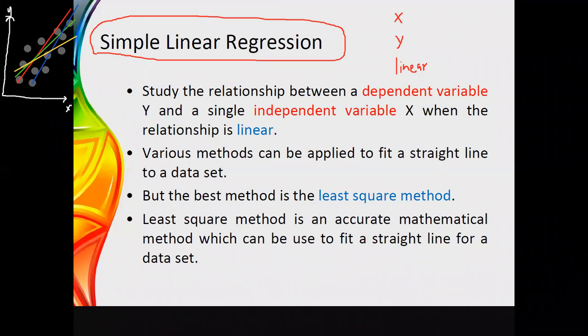It is because the line that you are obtaining may be in the form of y equals mx plus c. Therefore, there may be several values for m and several values for c. But once you are using a best fitting technique, the least squares method, then there will be only one best fitting model.